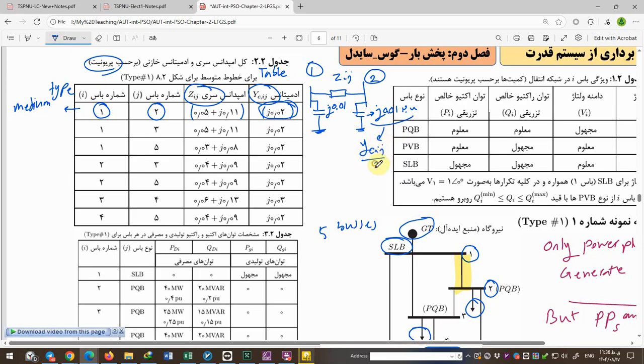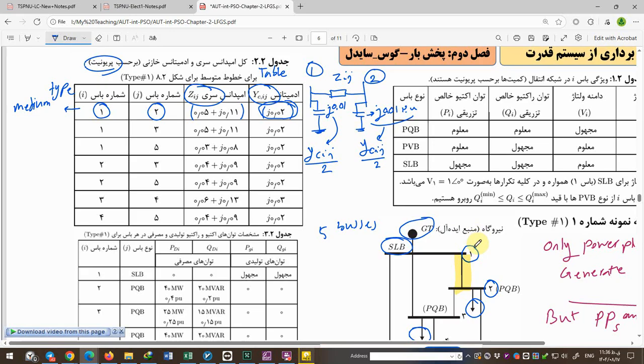This is Ycij over 2. This is a model of the medium type of transmission line.